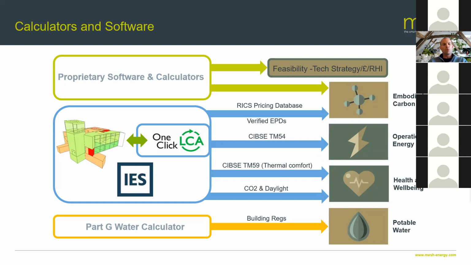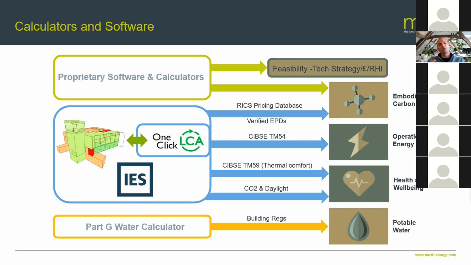You can use a water calculator to work out your potable water usage, but when you get into operational energy, overheating, ventilation and embodied carbon, a lot of these things are intrinsically linked to U values, air movement, building volume, weather files, all these kinds of things.